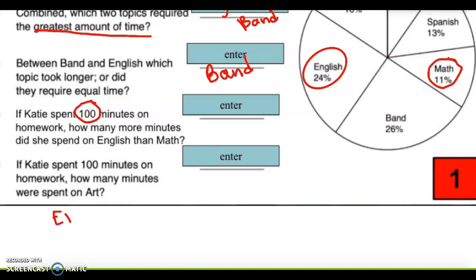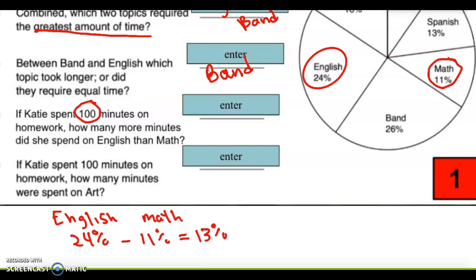On English, she spent 24% of the time. And on math, she ended up spending 11%. We want to know how much more time she spent on English than math. So we're actually subtracting. 24 minus 11 gives me 13%.